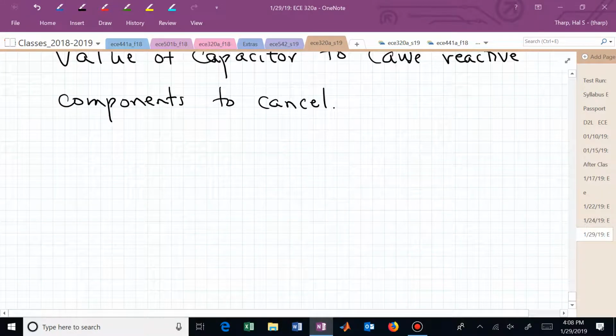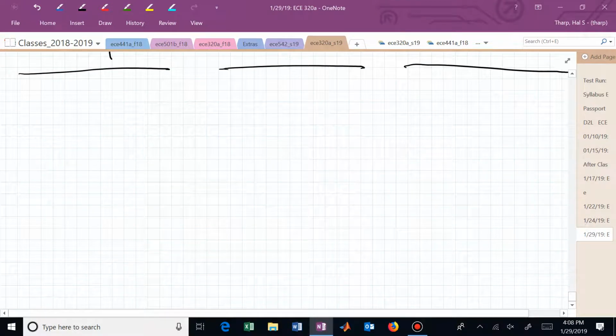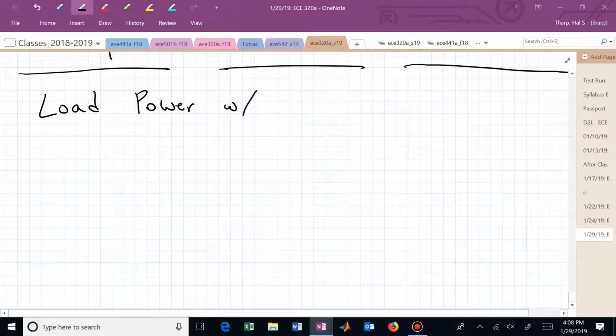So now let's look at what that has done for us, or has that given us anything of value. Let's look at the load power with that capacitor.